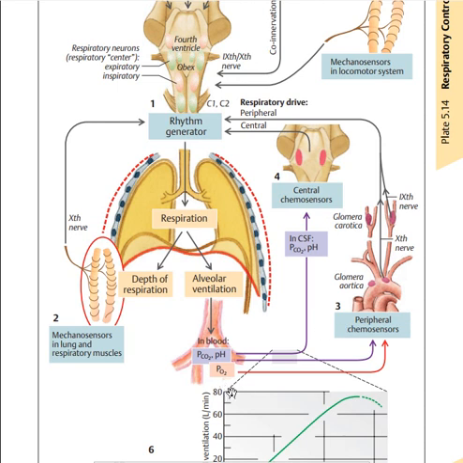Also, you have partial pressure of oxygen, which can only be sensed by the peripheral chemosensors. When the partial pressure of oxygen is low, it is going to activate the inspiratory center, and the low partial pressure of oxygen can be thought of as the initiation of respiration inside the body.